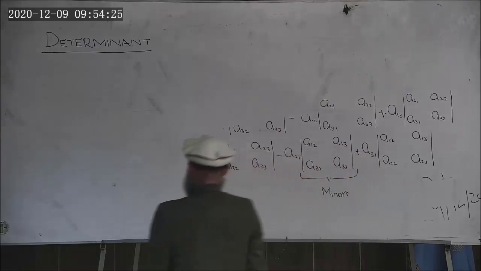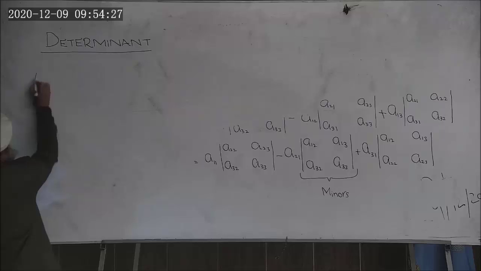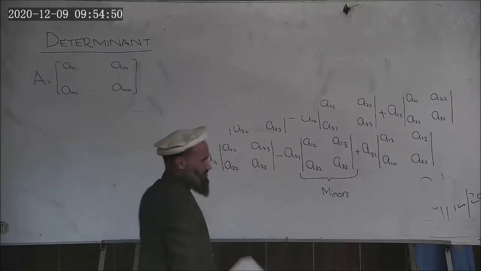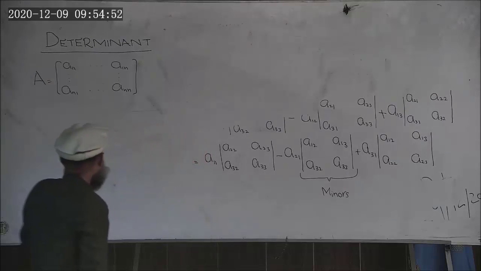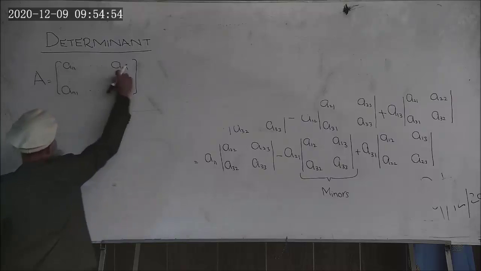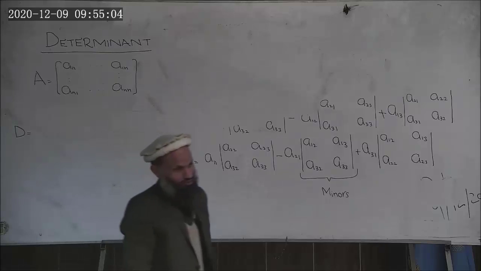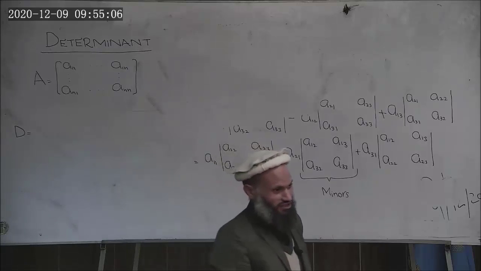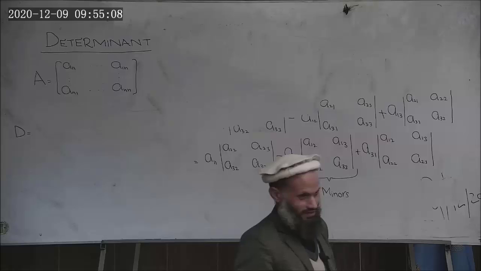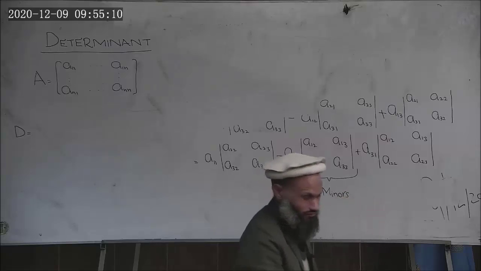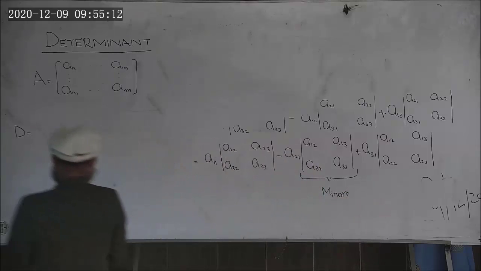So for a general n by n matrix, we can use any row or any column to expand its determinant. If we use, for example, the jth row to expand the determinant, then what shall we get?